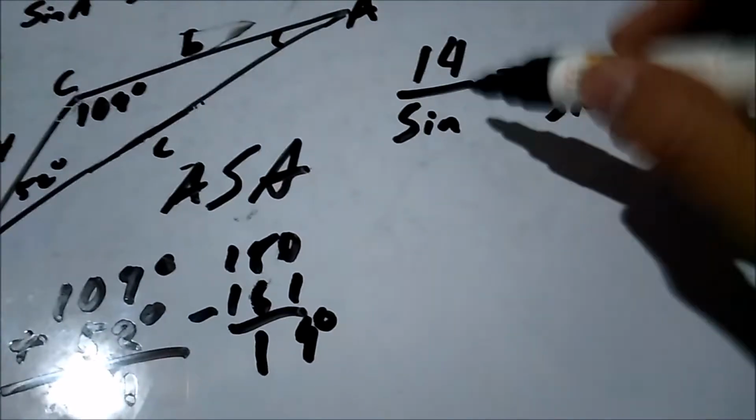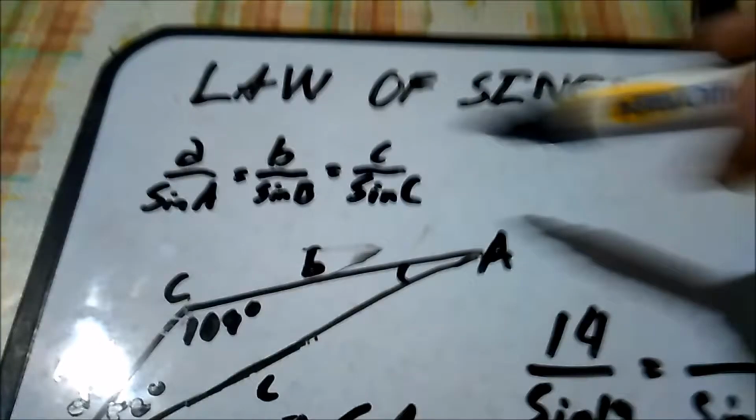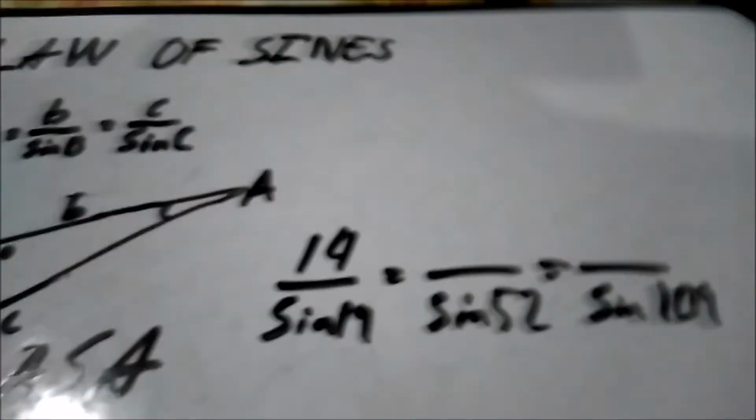I substitute the 14 with sin 19 and the two given, this C and B. So this is B, C, so 52 and 109. To get the side b, this one, this should be letter B, and this is the side of b.